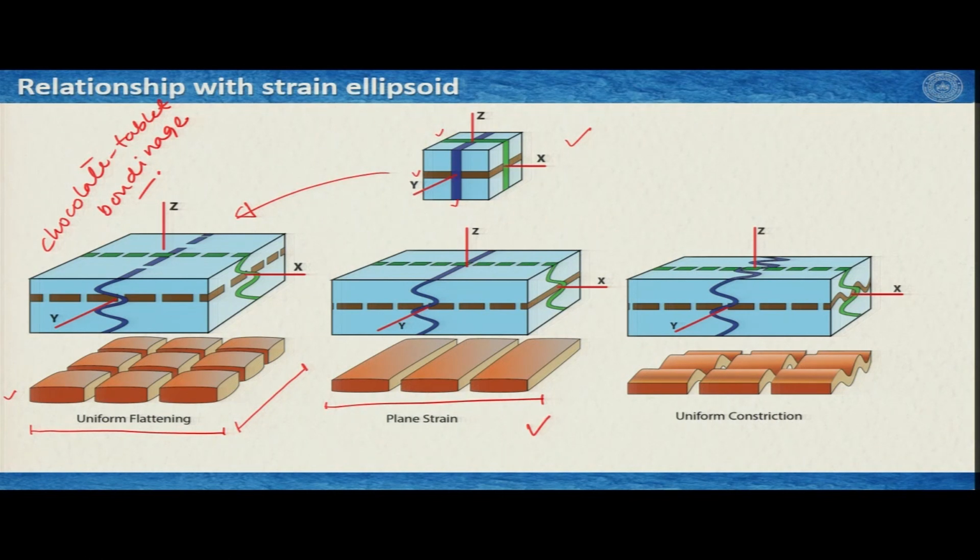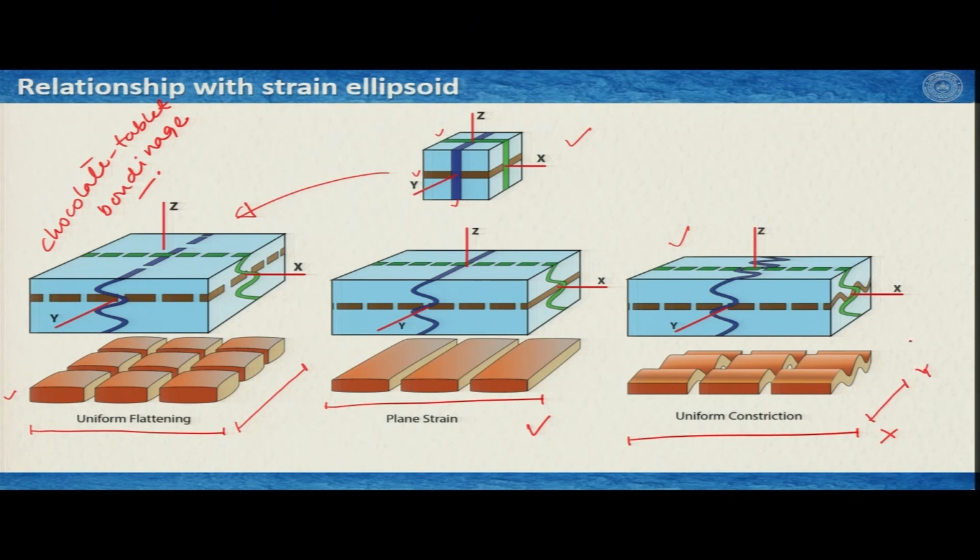And if we have uniform constriction, which is shown here, this brown layer would very interestingly flow in the x direction. So, no problem that it is forming boudinage along the x direction, but because it is uniform constriction, it is getting compressed along the y direction.